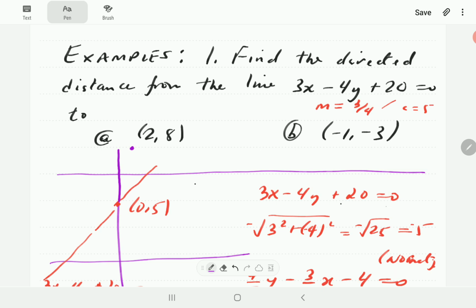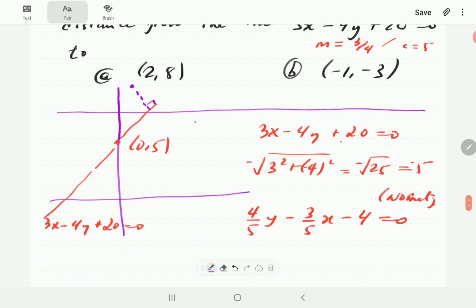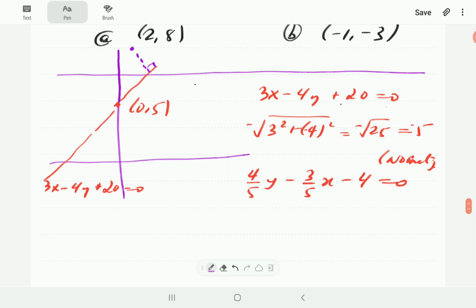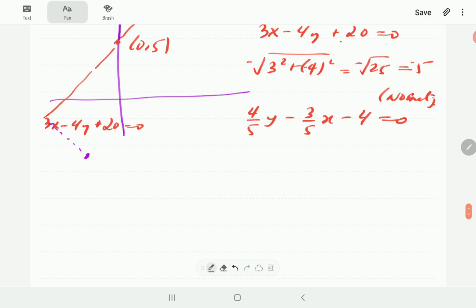Okay, it's just a sketch. So the perpendicular distance is going to be something like that. Then negative 1, negative 3 is going to be somewhere there, and then again the perpendicular distance is going to be that.